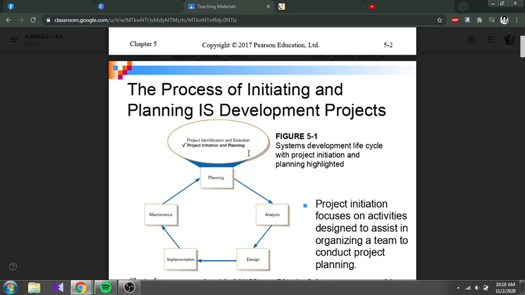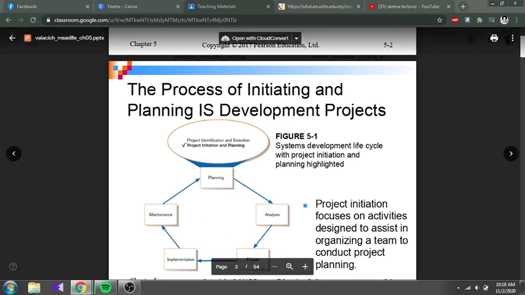So it is crucial that the organization understands whether resources should be devoted to a project. Otherwise we will make a big mistake by not planning this planning phase or planning stage very well.